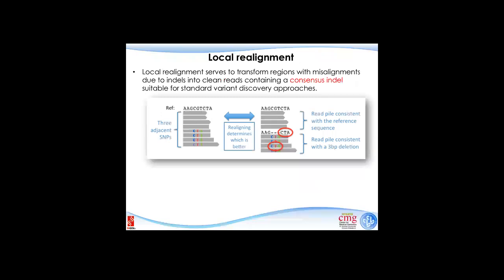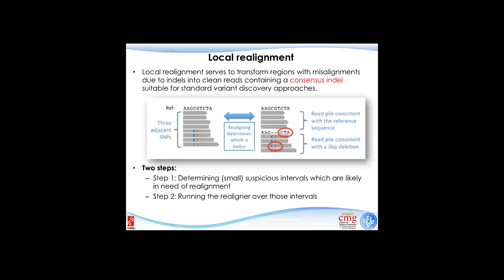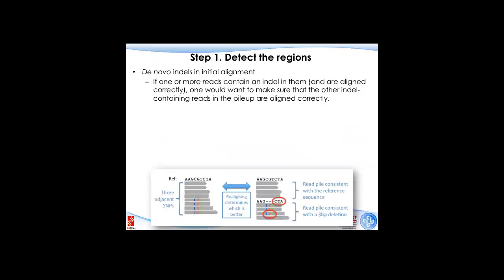Local realignment is precisely trying to solve this problem. And how to do that? There are 2 steps. The first step is to identify the regions that are misaligned, and the second step is to fix it, okay? So now let's see how to do the identification and how to do the fixing.